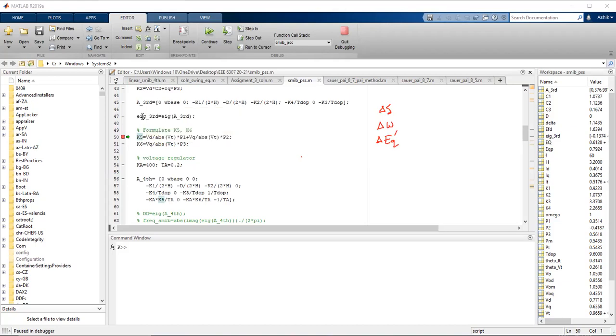The eigenvalues are minus 0.1374 plus minus j, these are complex, j 7.3680.